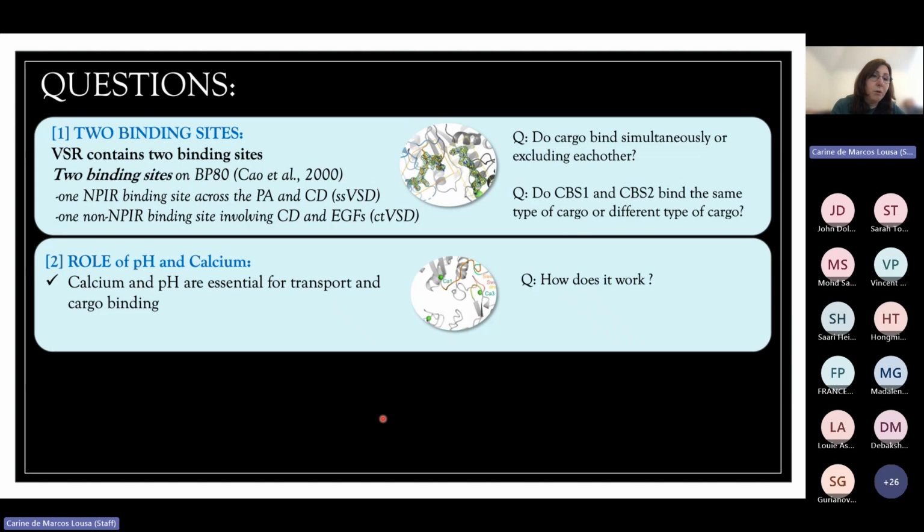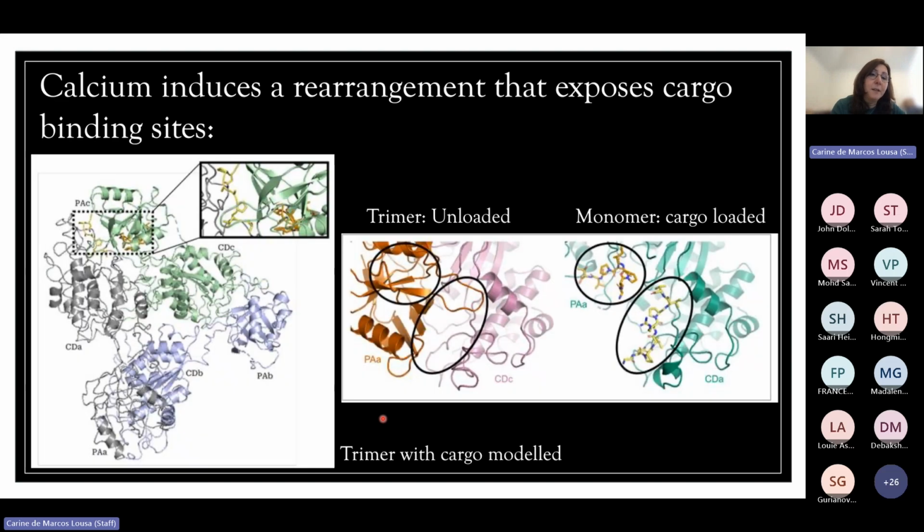The second one is the role of the pH and the calcium. How is the pH and calcium affecting the transport and the cargo binding? So what we have seen is that in the trimer structure, and you can see here a monomer PA domain and a monomer CD domain, where we have superimposed the peptides, you can see that the peptides don't have any space to bind in the trimer because the cargo binding sites are masked by the interaction with the other monomer.